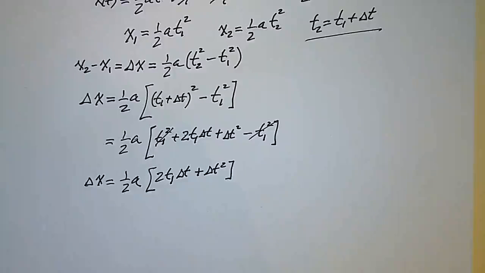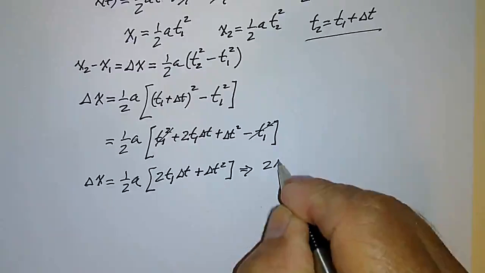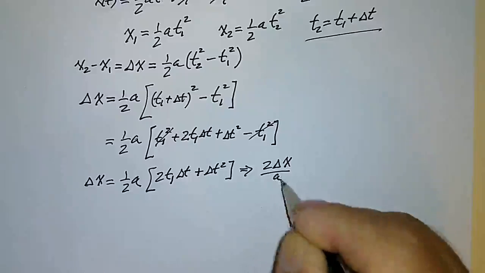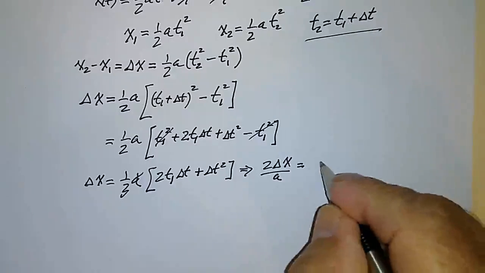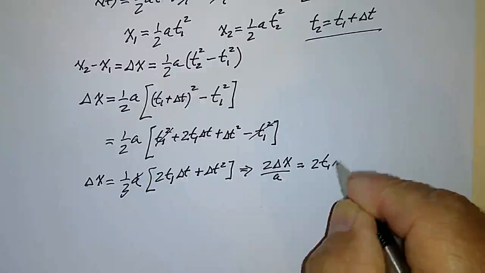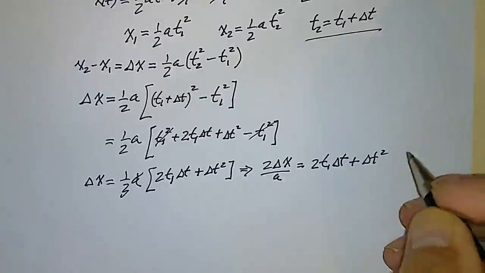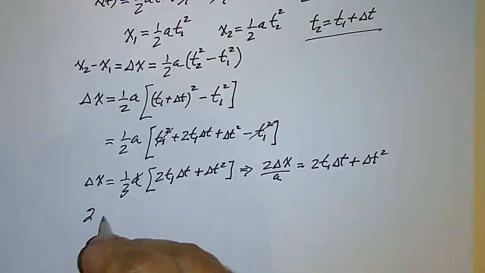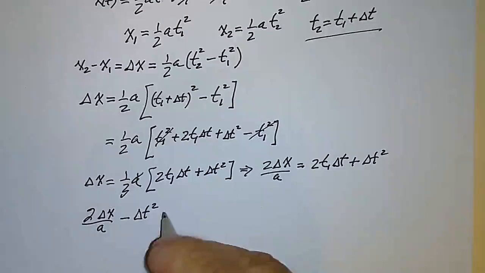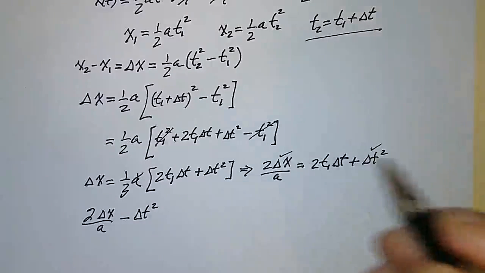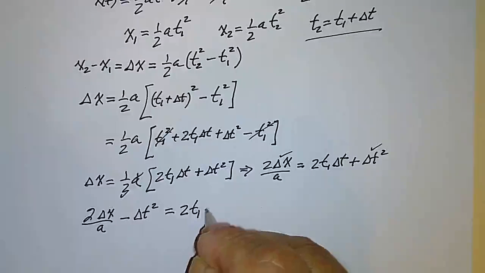So let's rearrange things just a little bit here. In other words, this implies that 2 delta x over a is equal to 2 t1 delta t plus delta t squared, or 2 delta x over a minus delta t squared is equal to 2 times t1 delta t.